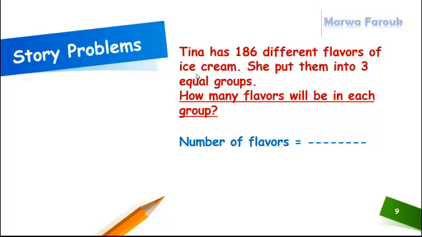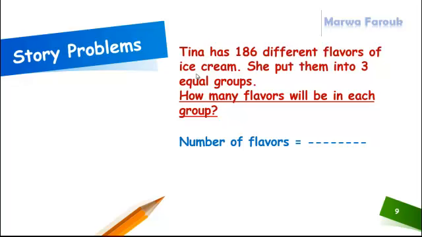As we know, we have to read the story problem very well and try to understand it, okay? So here we knew that Tina has 186 different flavors of ice cream and she divided them into 3 equal groups. It didn't say divided here, but I understood that she divided them. Let's move on.